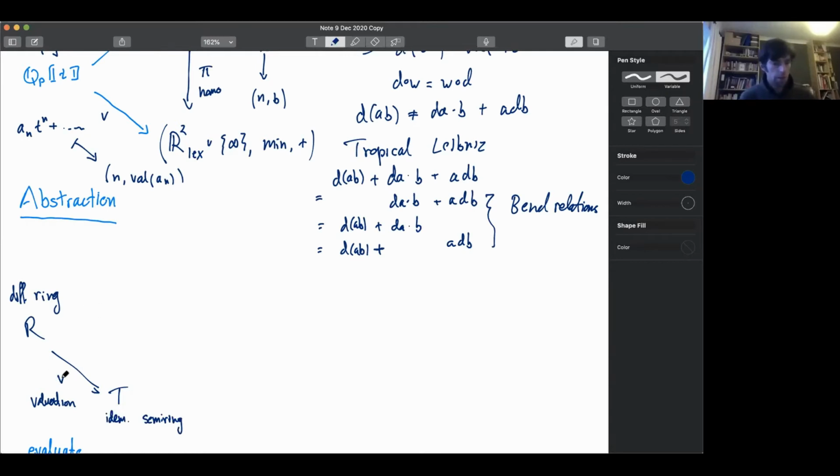So I've got a valuation V. I've got a map W up to S here. S has a differential, and this is also an idempotent semi-ring.